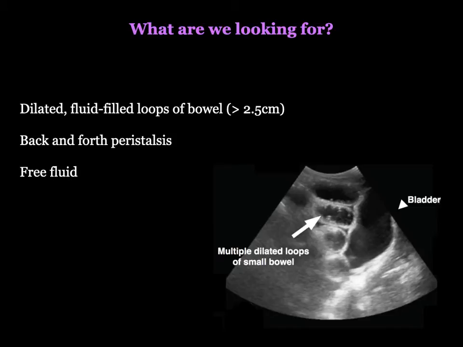But essentially you can imagine peristalsis occurring and then the bowel hitting an obstruction and peristalsing backwards. So this is the concept of back and forth peristalsis. And then you may see free fluid, and there are a couple small pockets of free fluid on this image, and that suggests microperforations and may also be indicative of a higher grade obstruction.